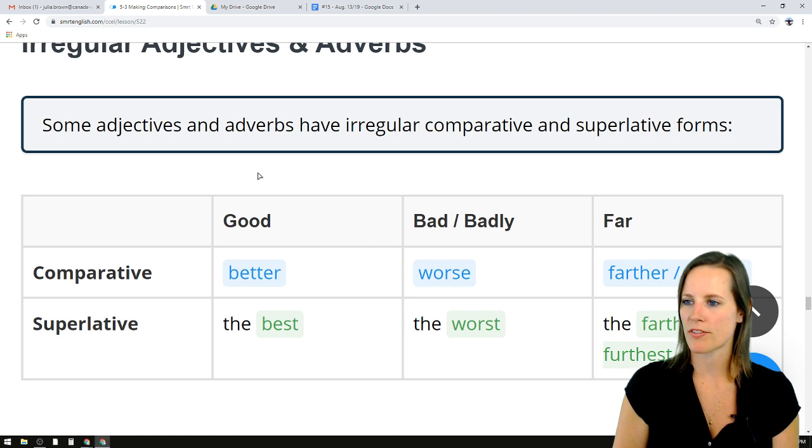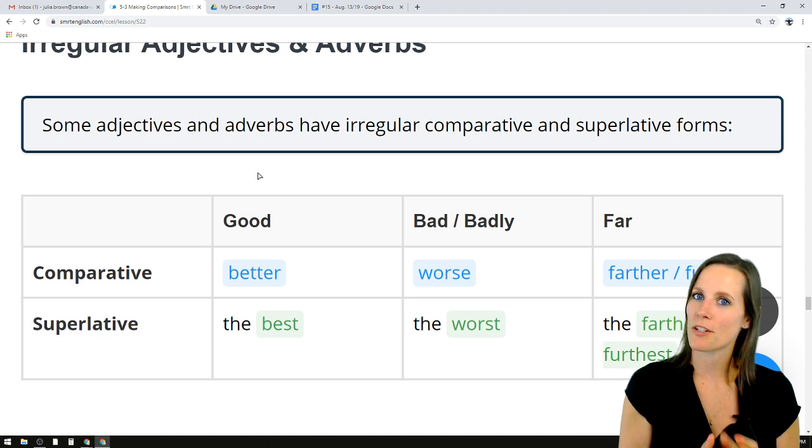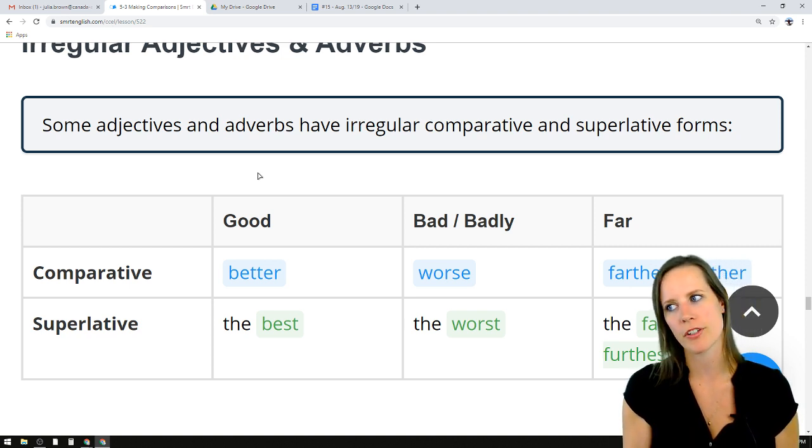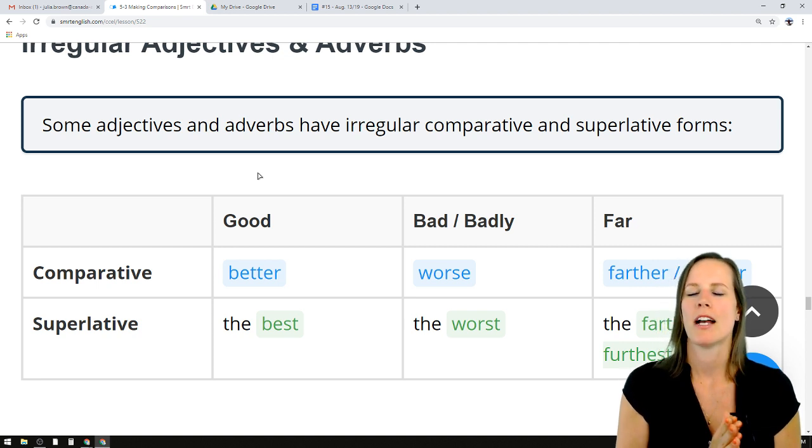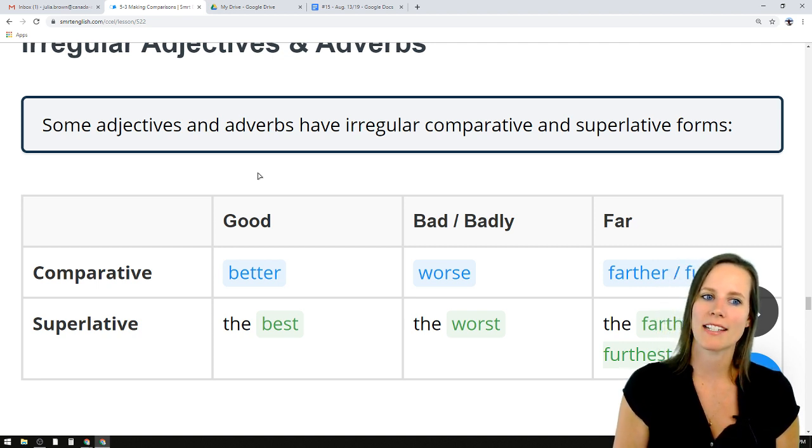Bad is the base form, worse is the comparative form, and the worst is the superlative. Far is your base form, farther or further, spelling doesn't matter, is the comparative, and the farthest or the furthest is the superlative.